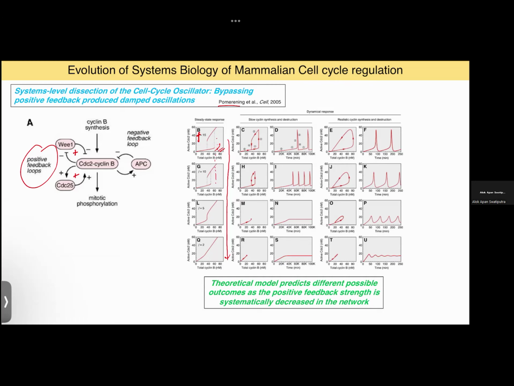And what is the effect of this decreasing positive feedback strength on your oscillation? If you see these graphs here, on decreasing your positive feedback strength, the strength of oscillation also goes down.